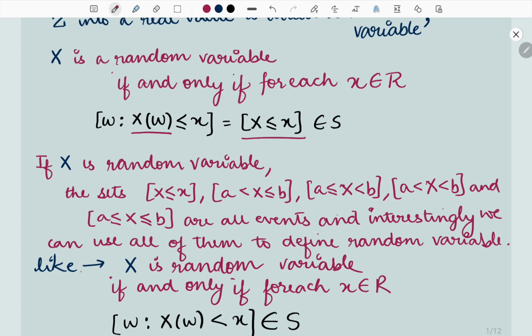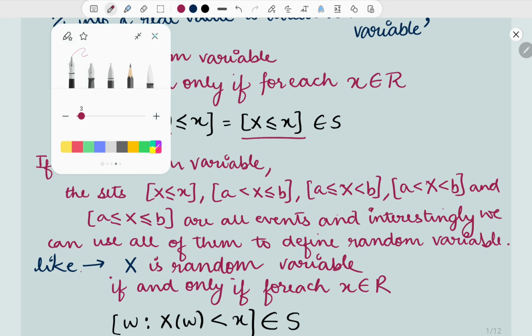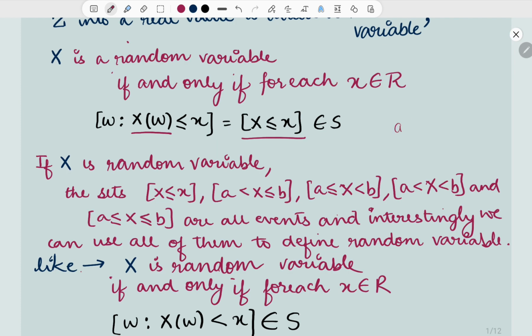Let me write it like this: a comma b, or a is less than b is less than x. So given this condition, x will always be greater than or equal to the random variable. Sorry, x will always be greater than or equal to random variable. The random variable can be between the interval a or b, given that a and b are less than x.